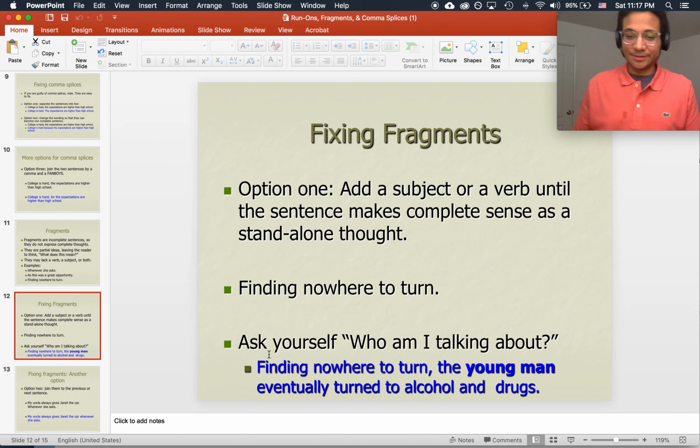And what kind of sentence is this? First of all, is this an independent clause or dependent clause? Can it stand on its own? Finding nowhere to turn? Nope. It can't stand on its own. So it's a dependent clause. The young man eventually turned to alcohol and drugs. Can that stand on its own? Yep, that's an independent clause. So dependent, independent. That's a complex sentence. Sweet.